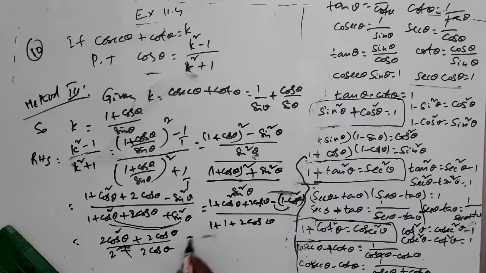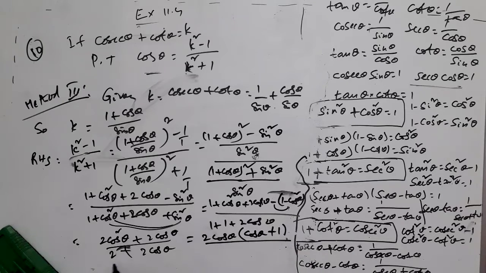Now the whole expression is converted in terms of cosines. In the numerator I can take 2 cos θ common out. What will remain? cos θ will be remaining, plus 1 will be remaining.